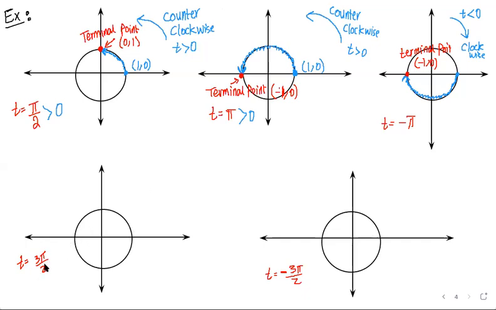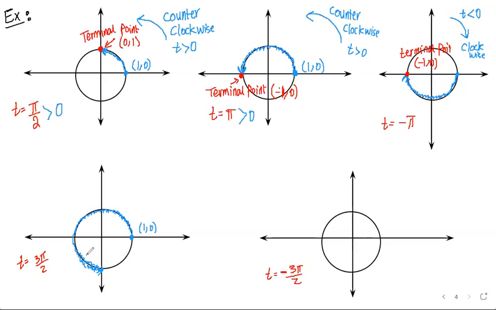So the distance for 3 pi over 2 means we have to move around the circle 1 pi, then move again a quarter of the circle to get 3 pi over 2. So this is my starting point, (1, 0), moving around the circle because it's positive. This means counterclockwise, moving like this, walking around this unit circle, and I arrive at this point. This point is my terminal point.